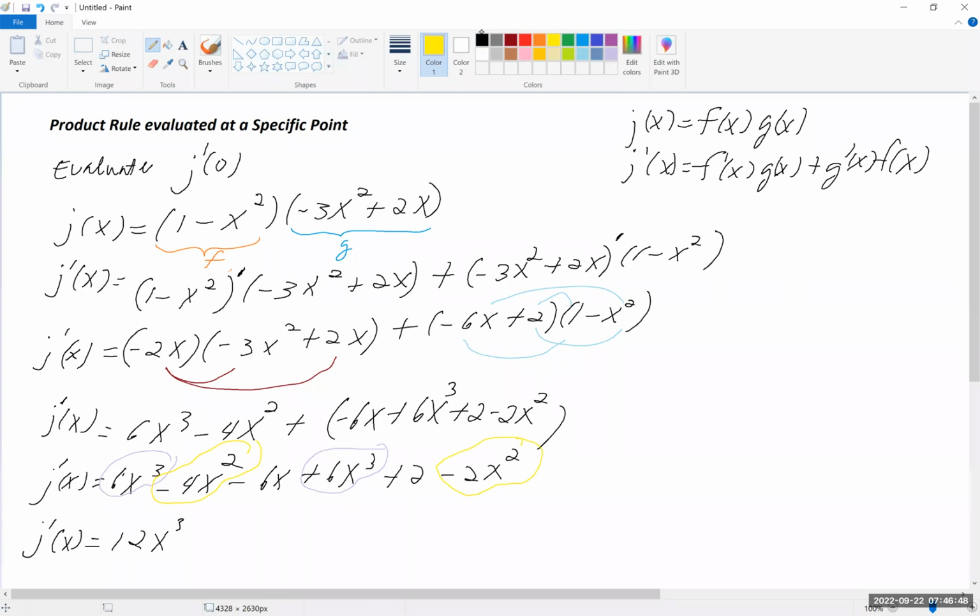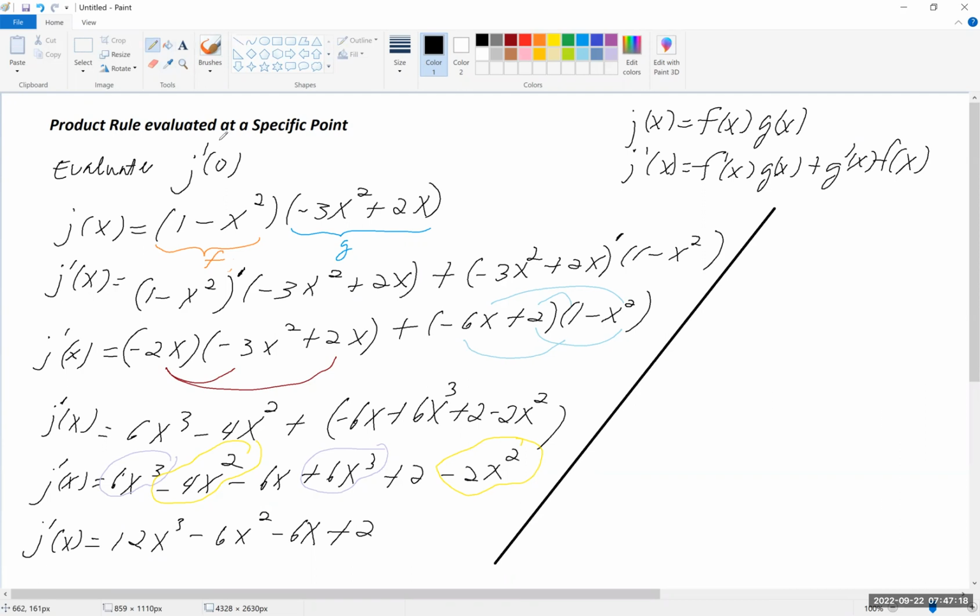So then that results in minus 6x squared. There's no other linear term, so we'll just write the minus 6x, and then the constant 2, that's the only constant.